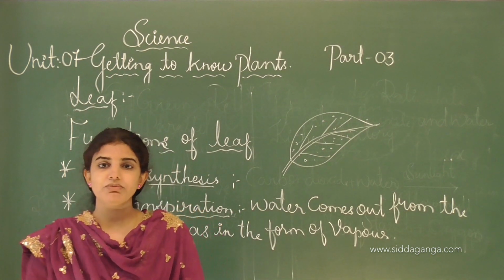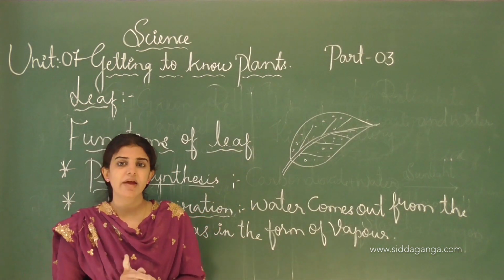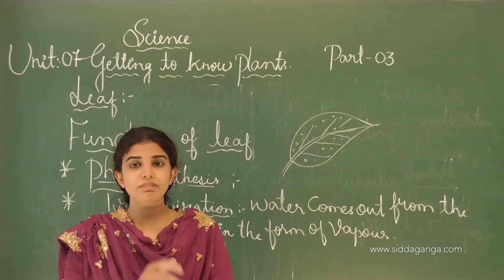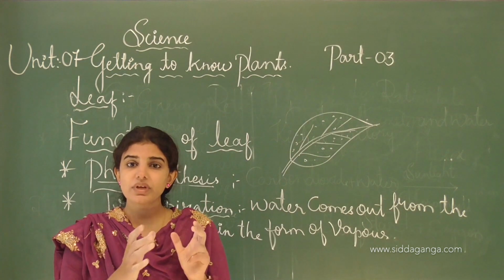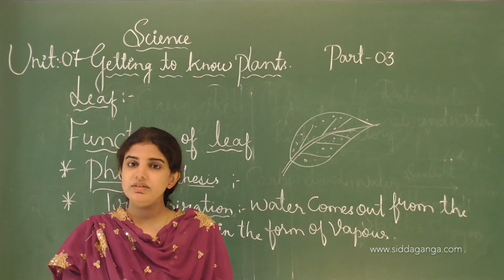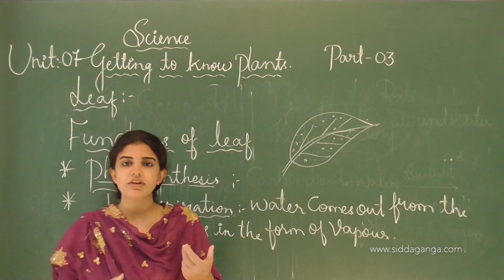Venation is of two types, one is the parallel venation and another one is the reticulate venation. In reticulate venation, an example is the hibiscus leaf, where you can see the network of veins running across the leaf.